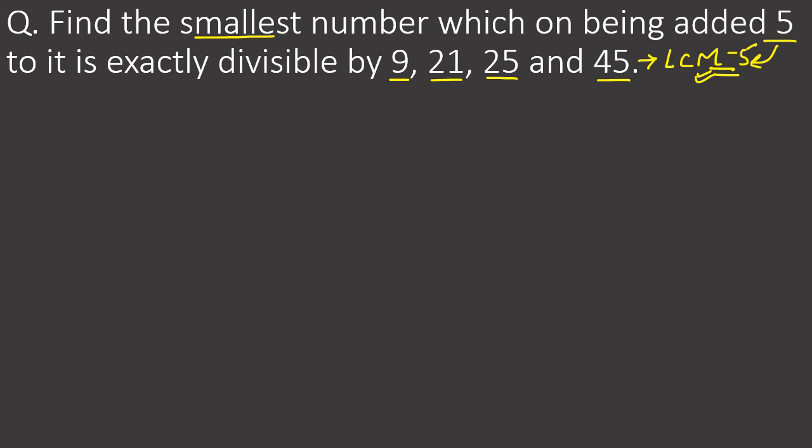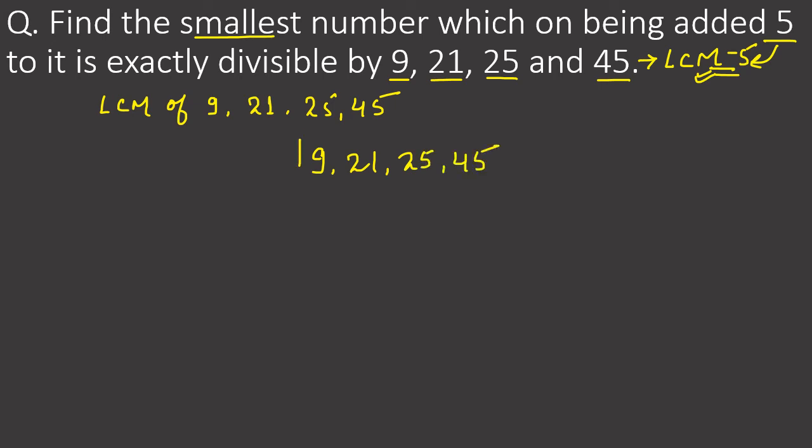So let us first find the LCM of 9, 21, 25 and 45. So write all the numbers 9, 21, 25 and 45. As you can see that all the numbers are not divisible by a single number, but 9, 21 and 45 can be divided by 3.